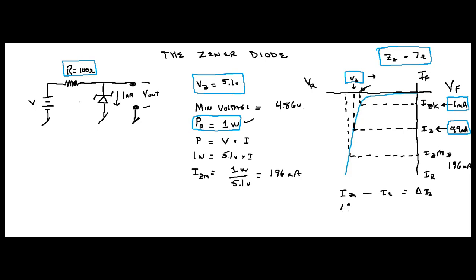This is going to be 196 milliamps minus 49 milliamps. That's going to equal, let me see, I'm doing this in my head. This is going to be equal to 151.47 milliamps. Is that right? 4 subtract 9, that's 50. 47, that's right.